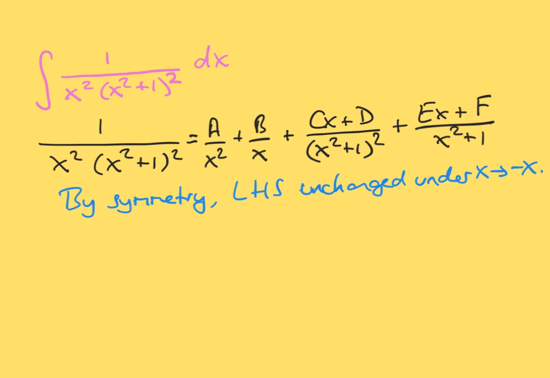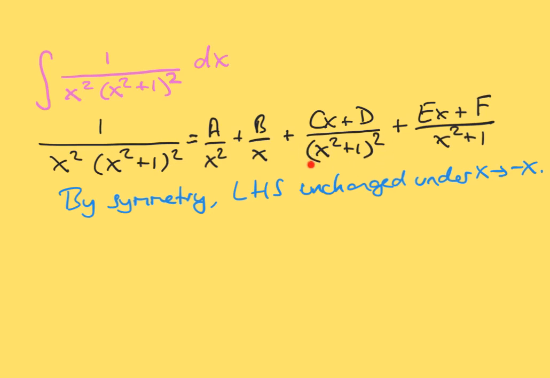So if I replace x by minus x here, I'd get minus x squared, which is x squared, and minus x squared, which is x squared here. It would not change. So that symmetry must be preserved over here. Now here it's preserved, here it isn't. So therefore b will be 0.